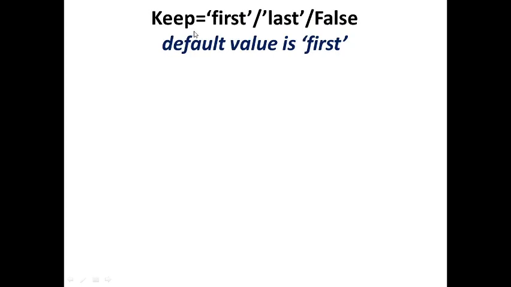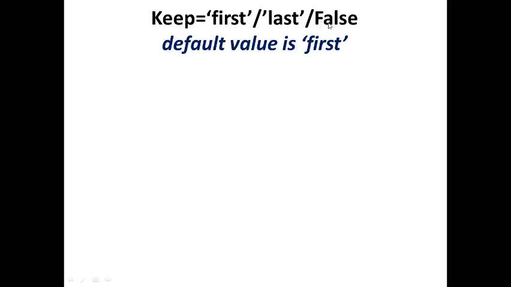Now let's see the values that keep can take. So keep can be first, last or false, right? So by default I told you value of keep is first. So when we don't specify keep parameter, its value is first. That means it will display all occurrence except first.